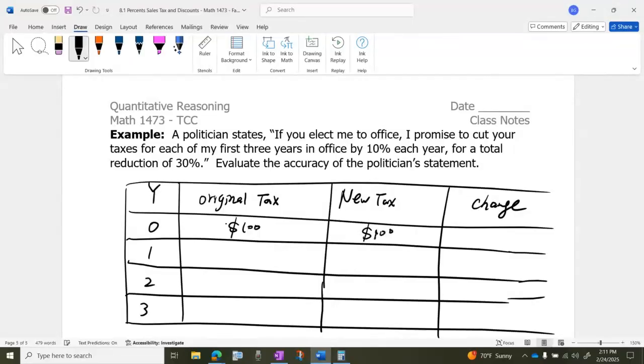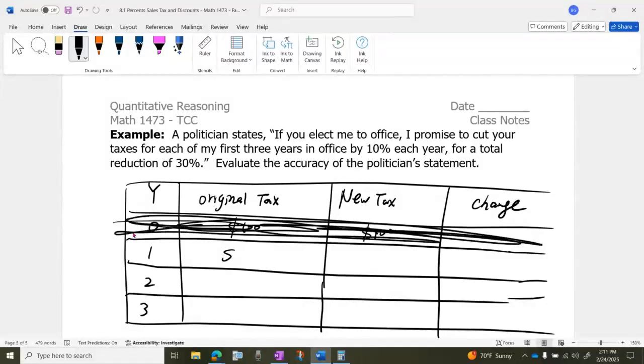Actually, we do not need the year 0 row. We're going to do year 1. Originally, you're supposed to pay $100.